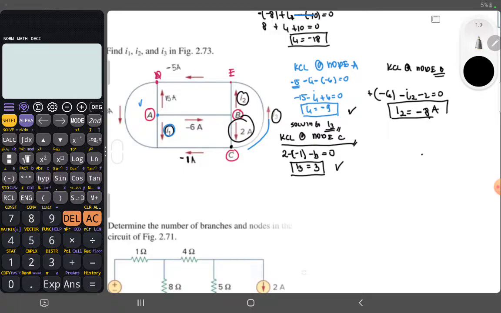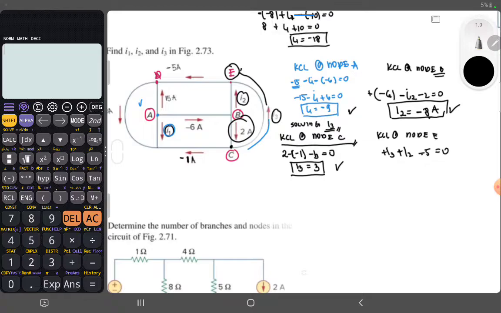So, ngayon, gusto natin i-check kung tama ba tayo. So, let's have KCL at node E. Pag nag-KCL ako sa node E, mapapansin mo na yung I3 ay papasok, that is positive I3. Then yung I2 ay papasok, positive I2. And then yung negative 5 ampere equals 0. So from this, I2 is equal to negative 8.